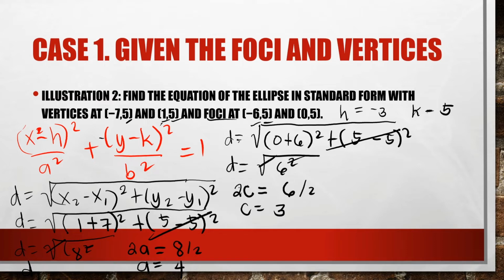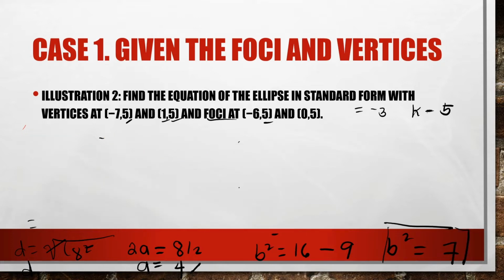And then, to find the b, semi-minor axis, b squared is equal to a squared minus c squared. So, b squared is equal to a squared, which is 4 squared, 16, minus c squared, 3 squared is equal to 9. So, yung b squared natin is equal to 7. Direct sub na natin. Alam na natin yung center. Alam na natin yung a squared and b squared.